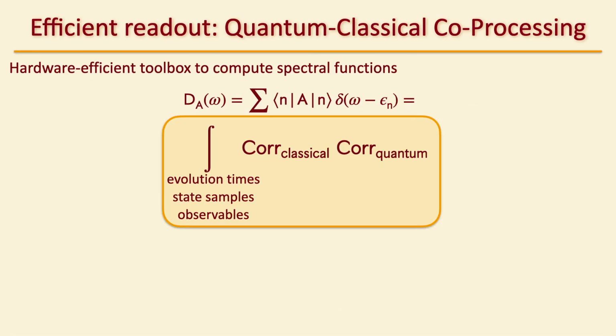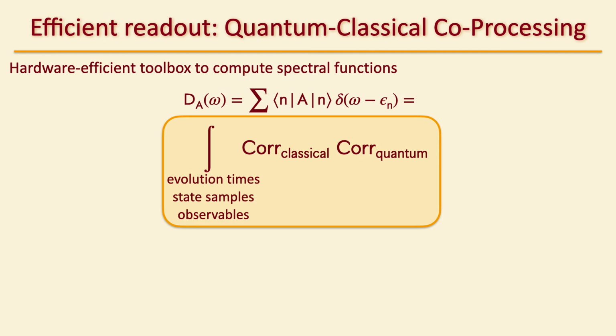So why is that a useful quantity and how do we get it? The reason why this is such a nice quantity, and I'll show you some spectra afterwards, is that we can actually calculate this efficiently. And the calculation is based on the fact that this is an average over different evolution times, over different state samples, and over different observables.